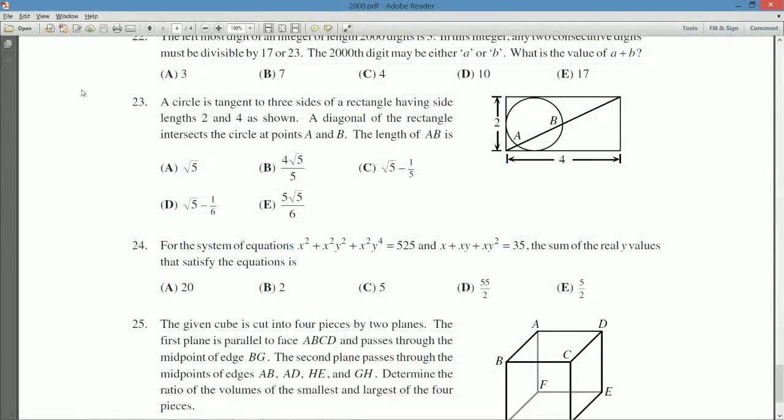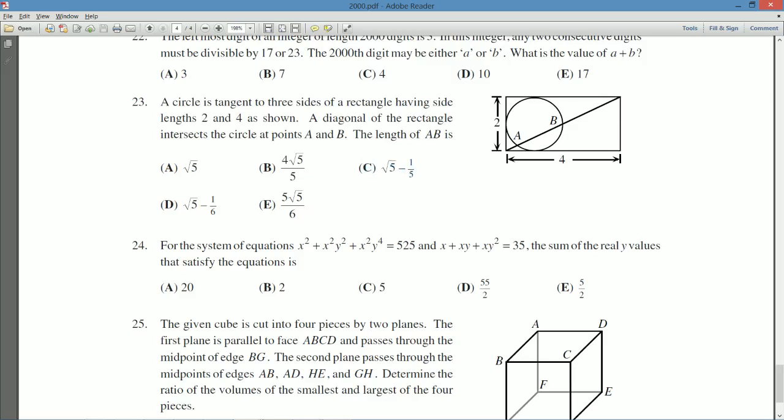But wait a minute. Some of the potential answers for the length of AB, I mean, root 5? Root 5 is 2.23 or something. So if AB had length root 5, it would be bigger than the diameter. So A is out. Root 5 minus 1/5, 0.2, is also going to be bigger than 2.